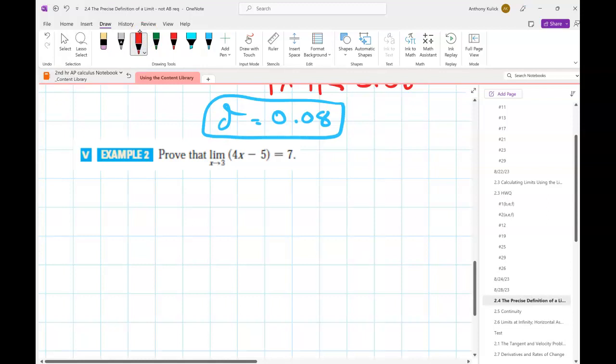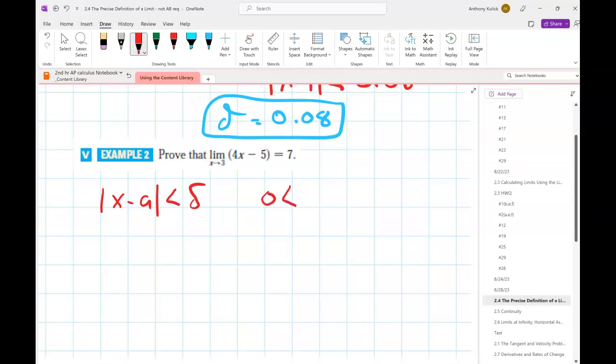So the more common setup would be something like this, where you're given a limit and asked to prove it. So we're going to use the definition. So remember we have the absolute value of x minus a is less than delta, and 0 is less than that, implies the absolute value of f of x minus L is less than epsilon.